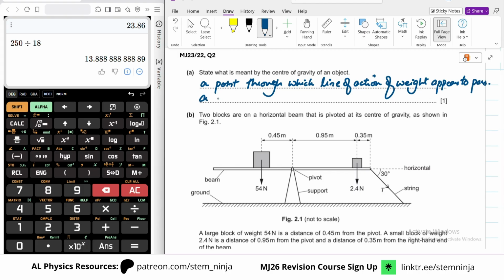Or you could say a point through which the entire weight of an object appears to act.